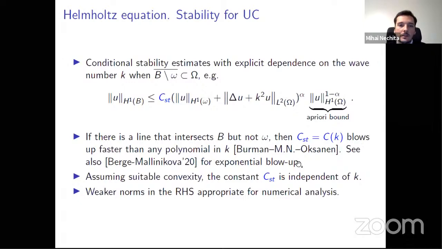So without any geometric assumptions, the stability constant might blow up exponentially. But under a certain convexity assumption, one can prove that actually the stability constant is independent of the wave number. As previously, our goal would also be to weaken the norms in the right-hand side to make them suitable for finite elements.